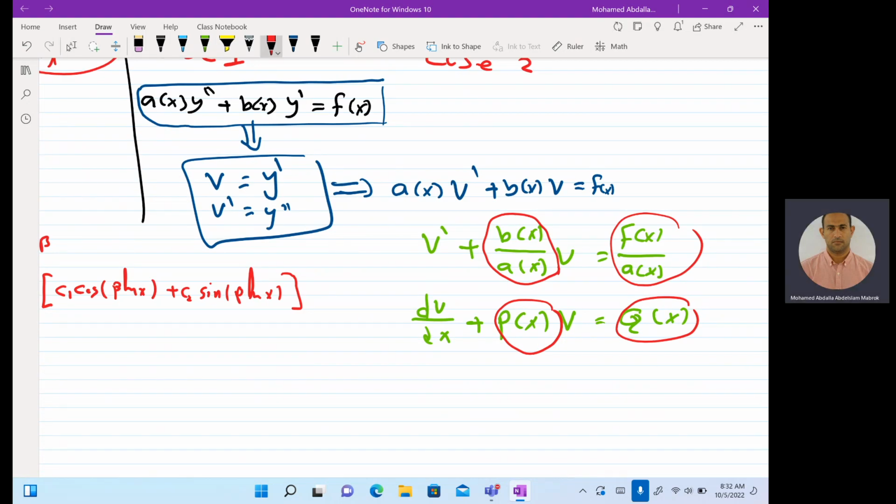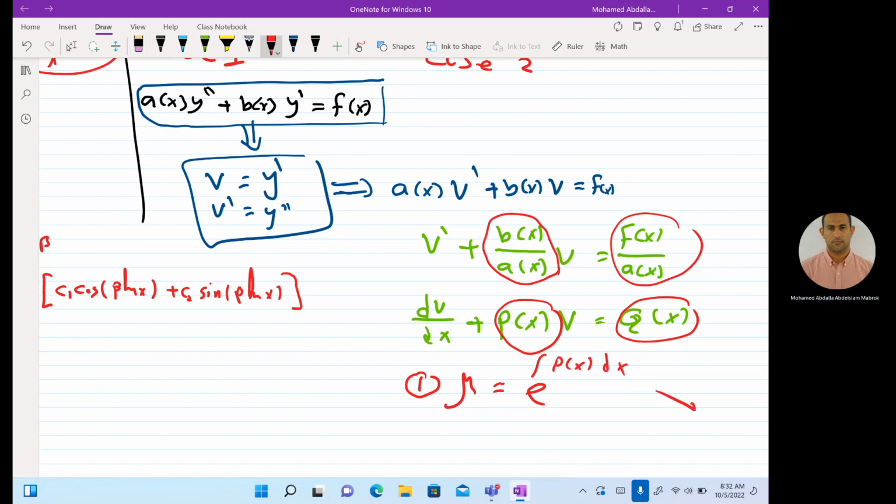This is a linear first order differential equation, and assuming we know the solution, because we did linear first order differential equations. In fact, the solution is very easy because it's just two steps. We find the integrating factor, which is mu equal e to the power integration b of x dx.